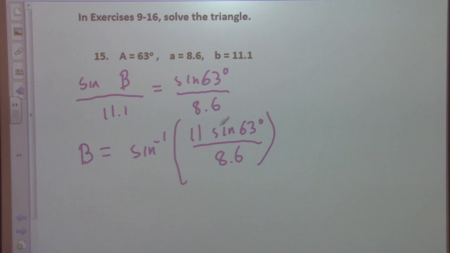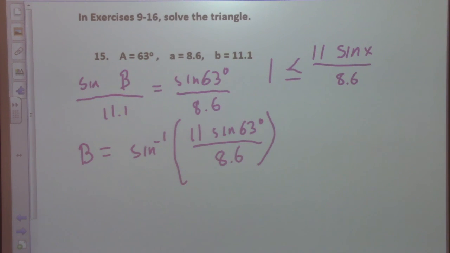So in answer to Will's question, if you could use 59 degrees, what you have to do is set a value here. We know that 11 sine x over 8.6 needs to be less than or equal to 1, right?